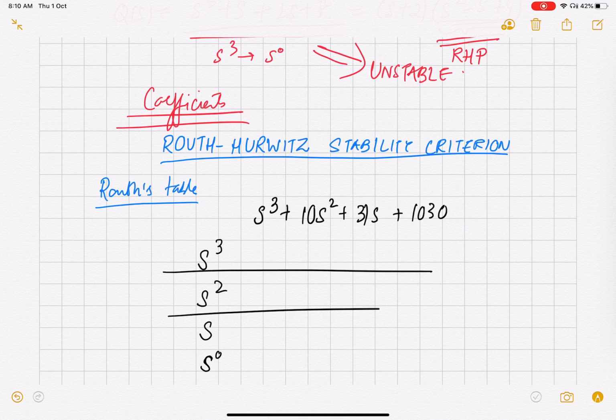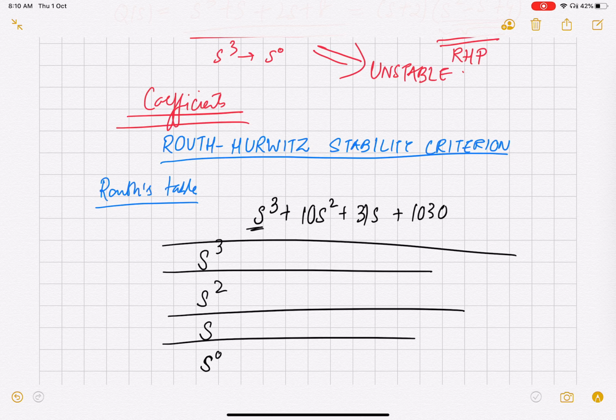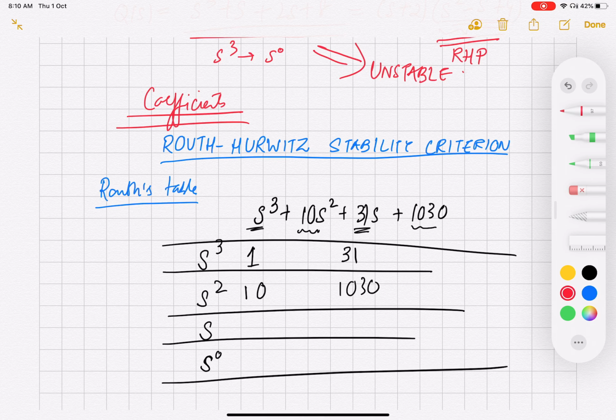and starting with my highest coefficient here, which is 1, skipping 1, 31, then taking the ones that we have skipped, which is 10 and 1030, and then in order to find this term here, I'll multiply like this and divide by minus 10.